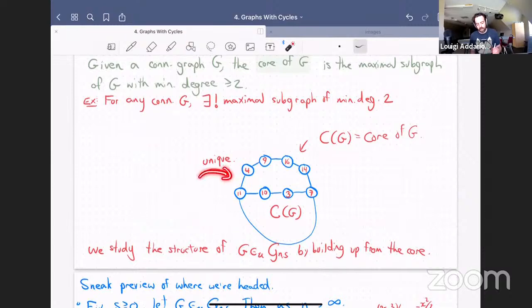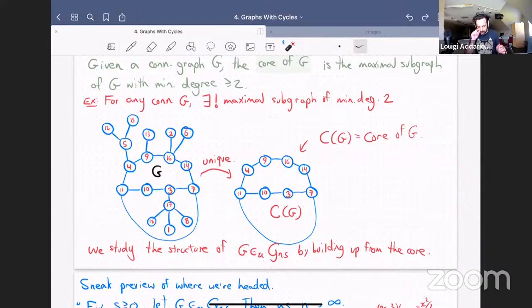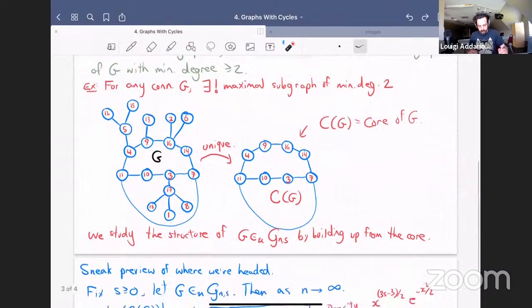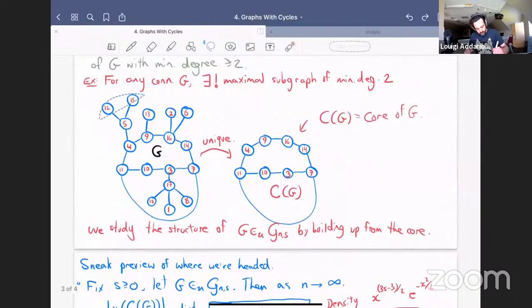This isn't a bijective map, right? There are lots of potential ways to reconstruct those dangling trees. But these are all trees, and so now our combinatorics of trees can help us out.